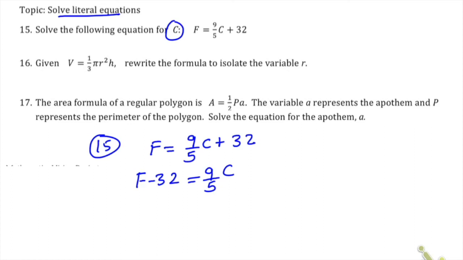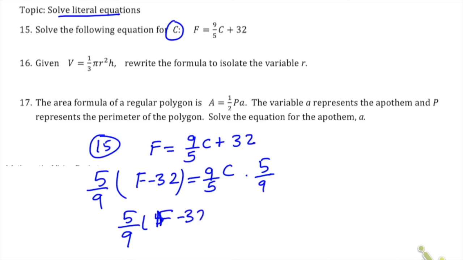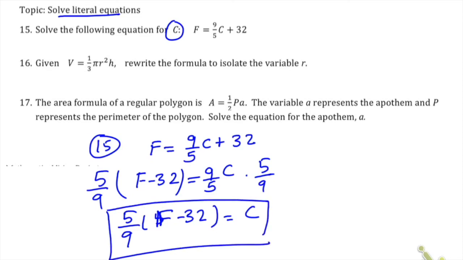Then I multiply both sides by 5 and divide by 9. I'm getting 5/9 times (f minus 32) equals c. That's the answer. Literal equation.